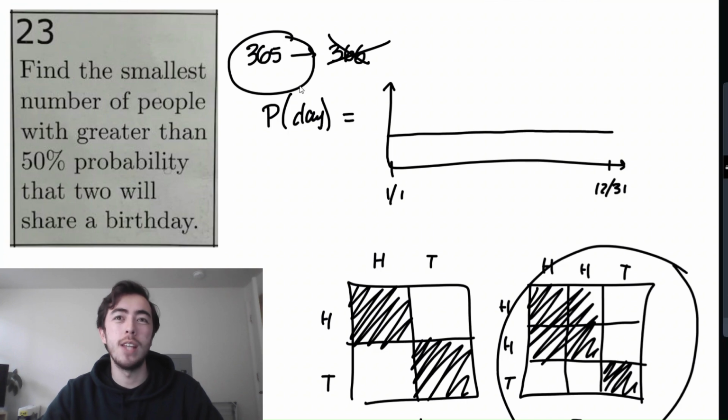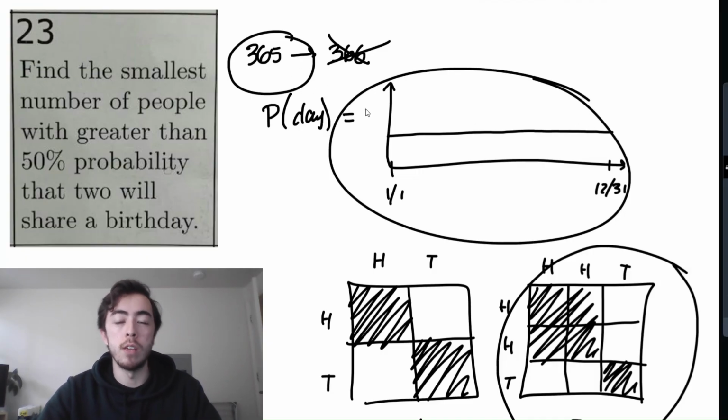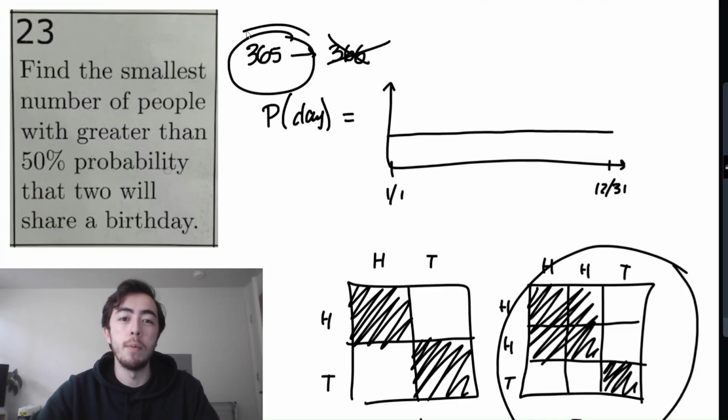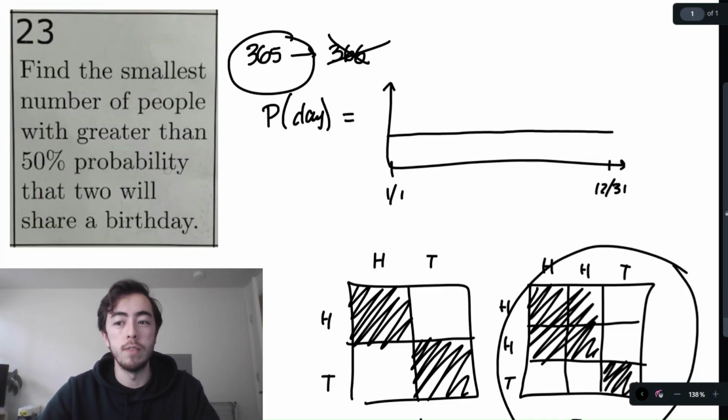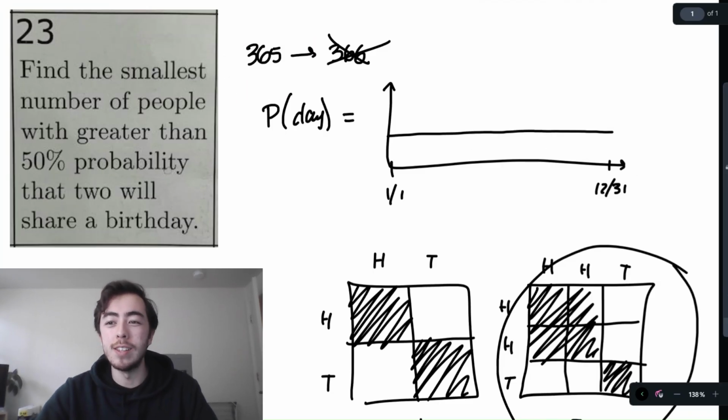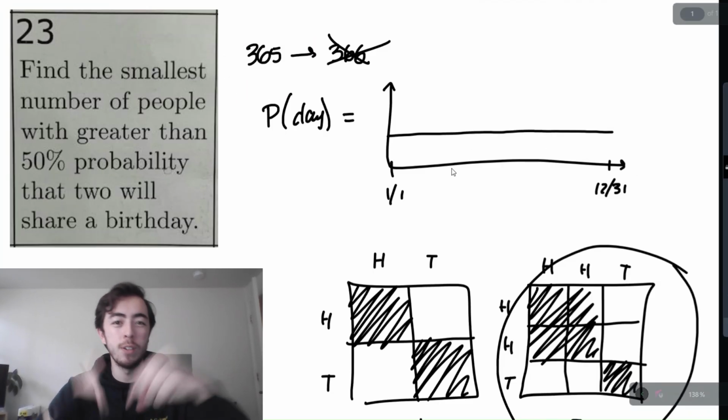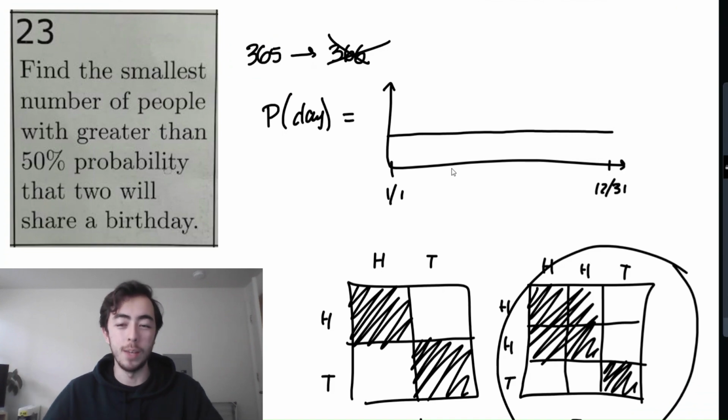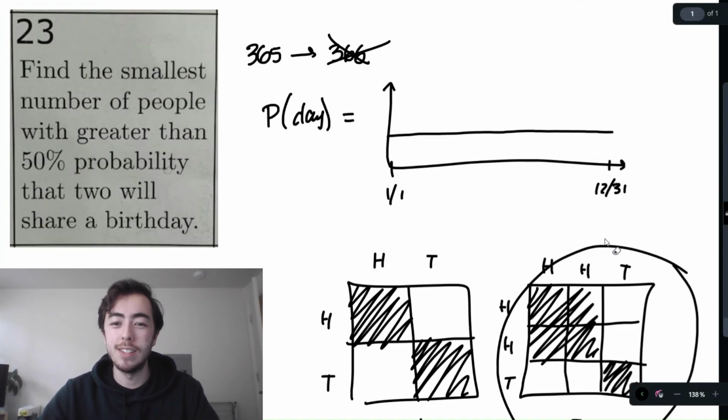In a real world scenario, we might come across a person with a February 29th birthday, and we would say, oh, I didn't consider that in the math. Maybe this number would have to be higher. So I'm hoping that these two assumptions, a uniform probability distribution and just 365 days in a year, kind of cancel out because the errors are going in opposite directions. Anyways, those are my assumptions, and let's get to it.